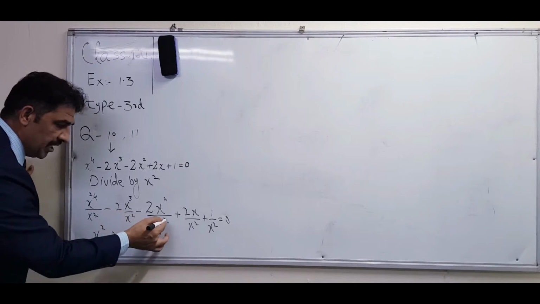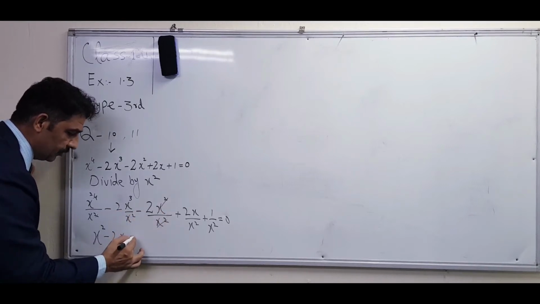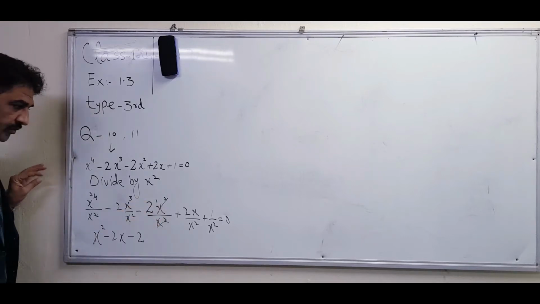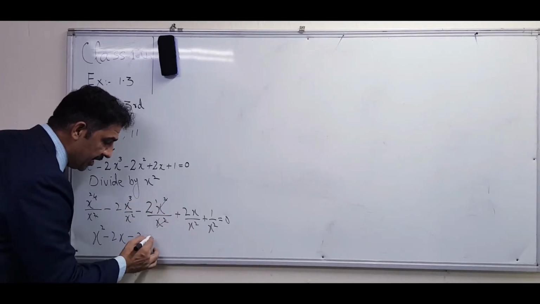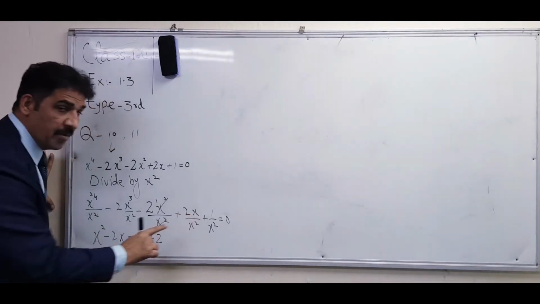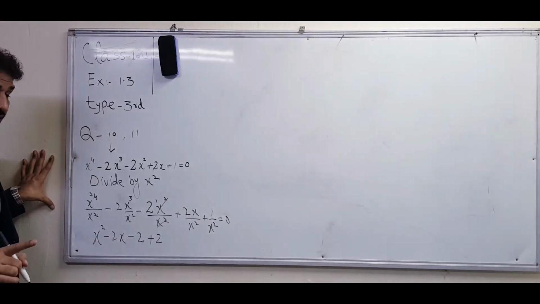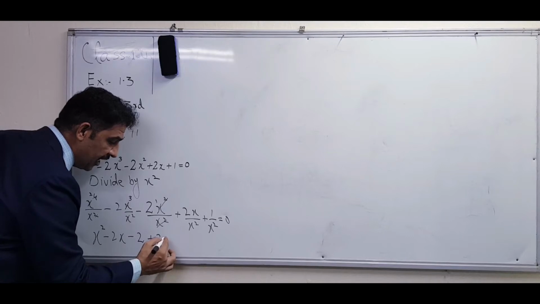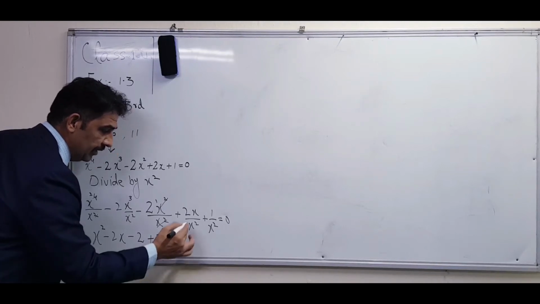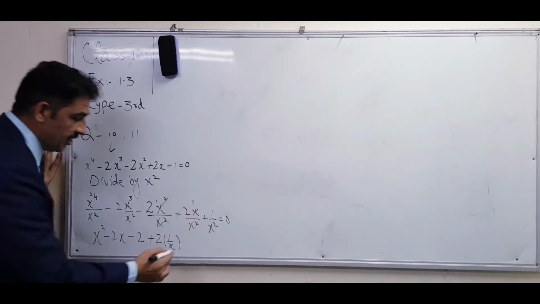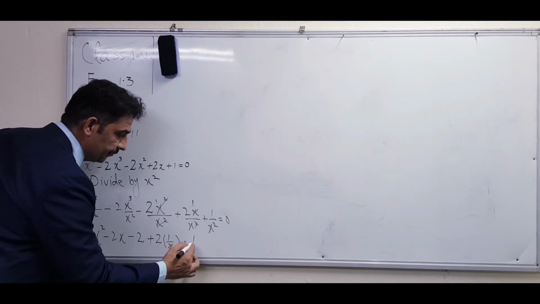Here x square and x square cancel, so only minus 2 we write. Then plus 2x over x square: the numerator has x and the denominator has x square, so what's remaining? 2 over x. You can also write that as 2 times 1 over x, since x and x square cancel. And plus 1 over x square remains the same.